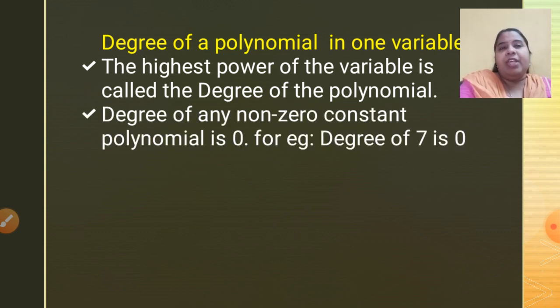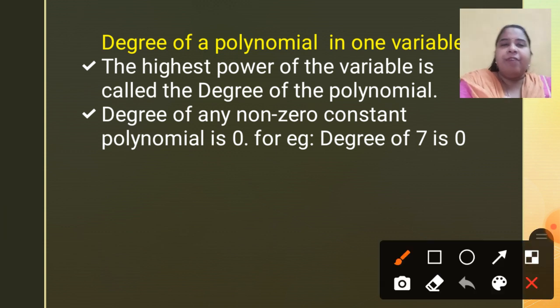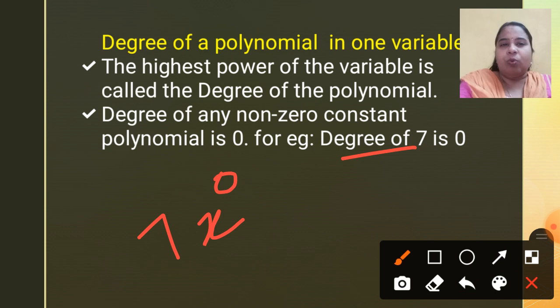Now, the degree of any non-zero constant polynomial is 0. Now, what is the meaning of this? If I give you just a number, see, the degree of 7, just a number 7. Now, what is the degree of this? For this, I have explained to you in the previous slide also. This can be written as x raised to 0. With this, the question is not changed. Why?